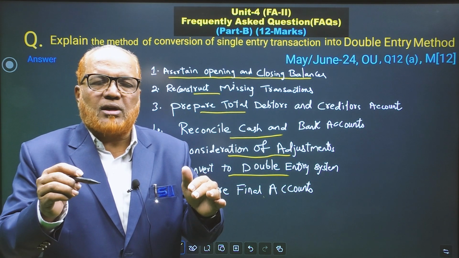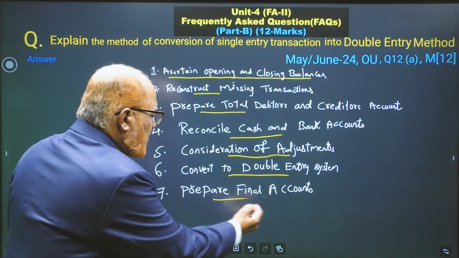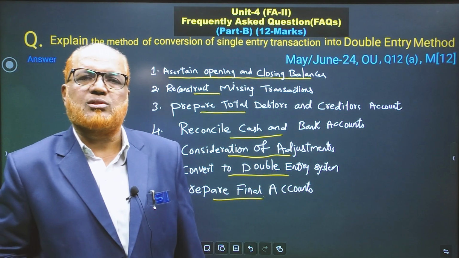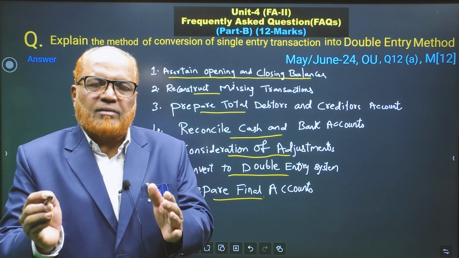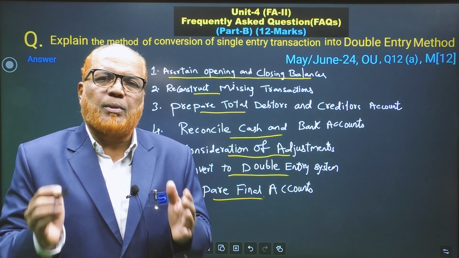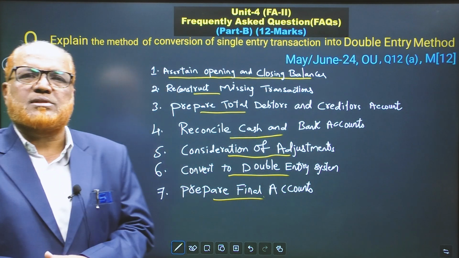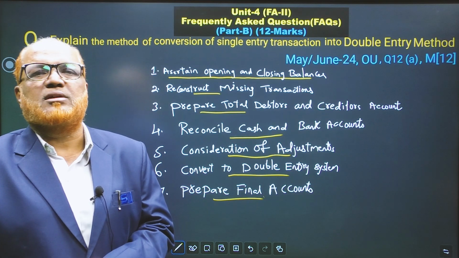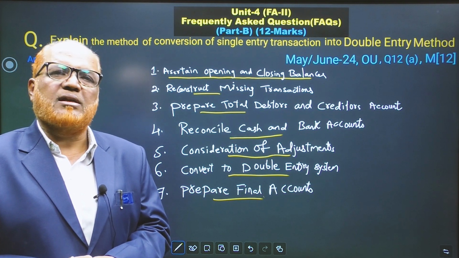Once you convert all transactions from single entry to double entry, the last step is to prepare the final accounts. Now you will be in a position to prepare the trading account, the profit and loss account, and the balance sheet. So by following these 7 steps, we can convert our single entry system into double entry system.